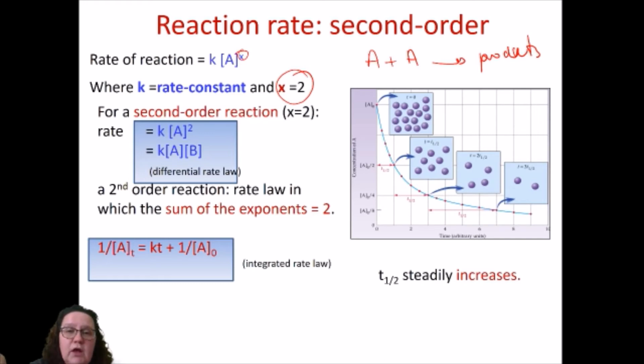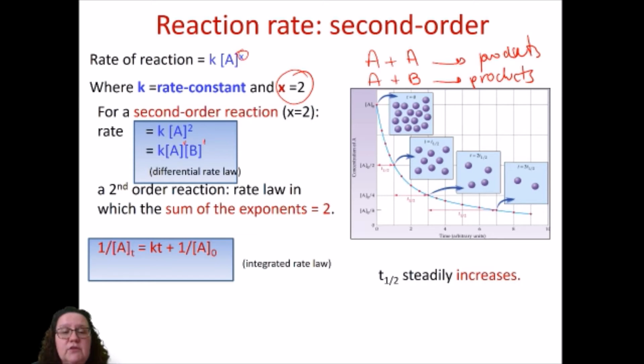But you could also have a second order reaction depending on two different reagents, and that will give you a reaction rate of k times the concentration of A times the concentration of B. And again, those two powers, 1 plus 1, is 2, so that would still be a second order reaction.